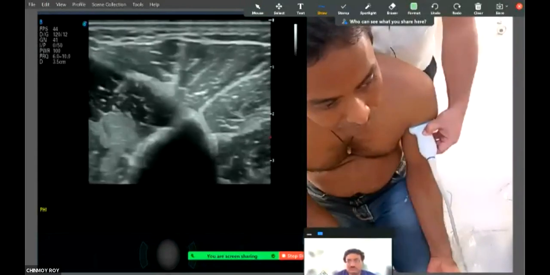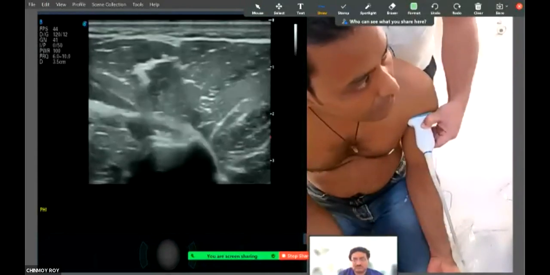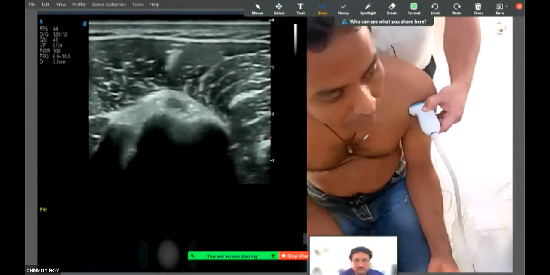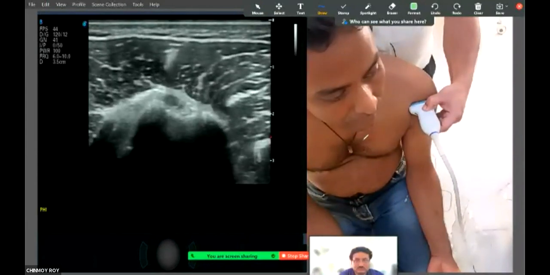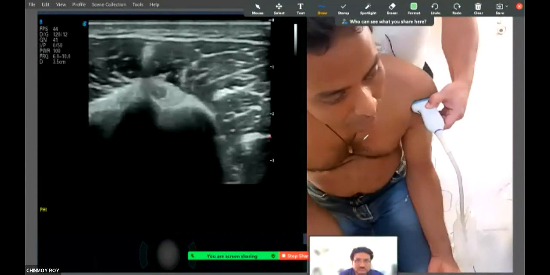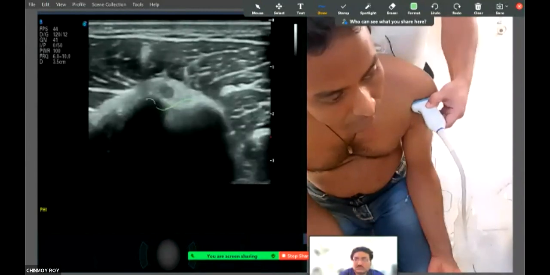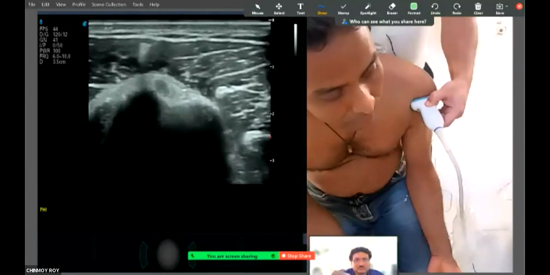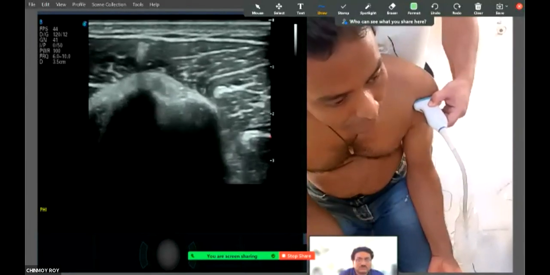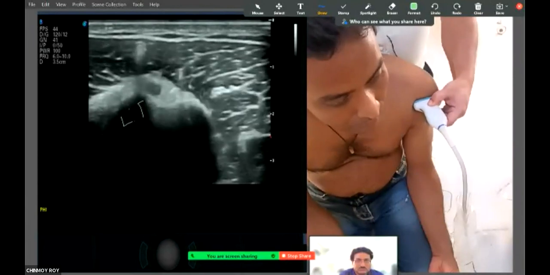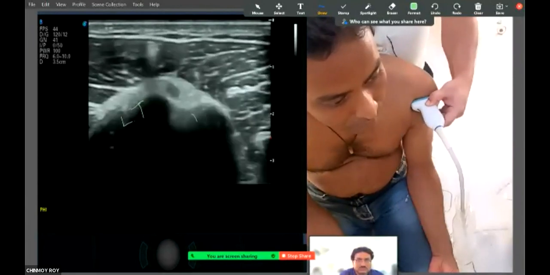When I'm coming up, we can see that in the middle there is a groove, which we call the bicipital groove. Both sides there are two tuberosities. The left side of your screen is the lesser tuberosity, and the right side of your screen is the greater tuberosity.